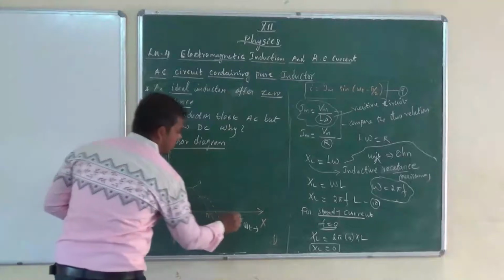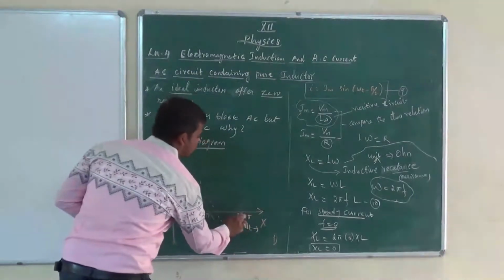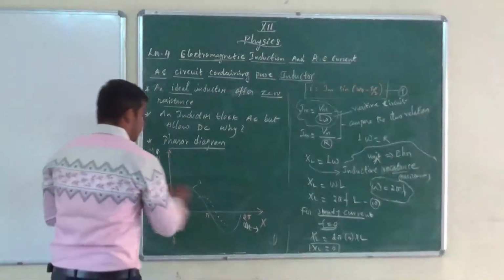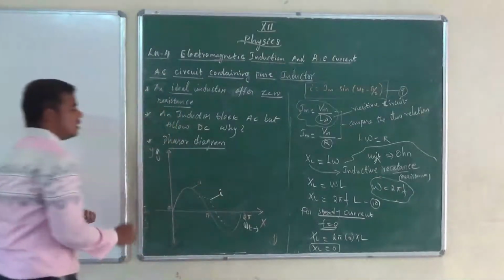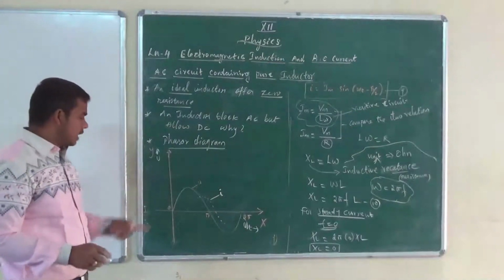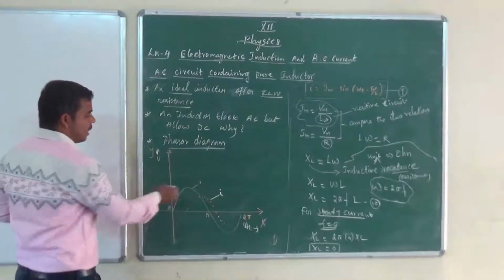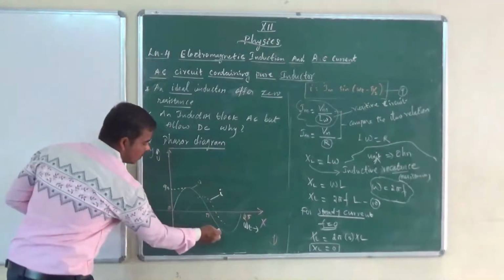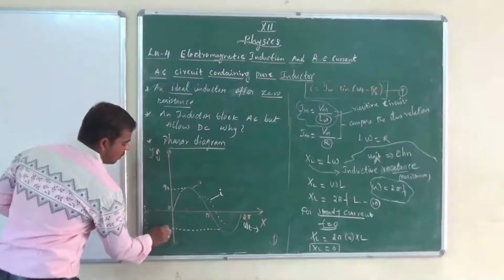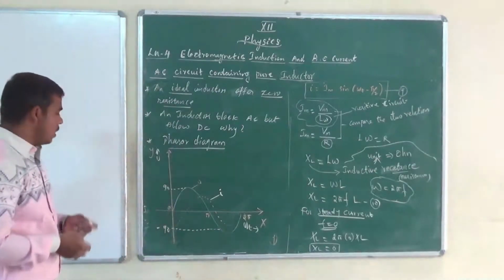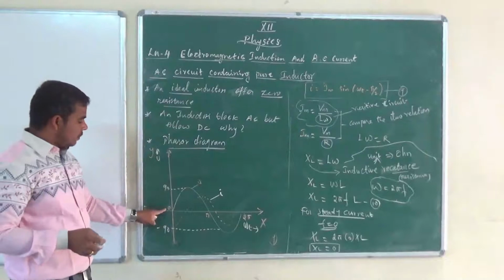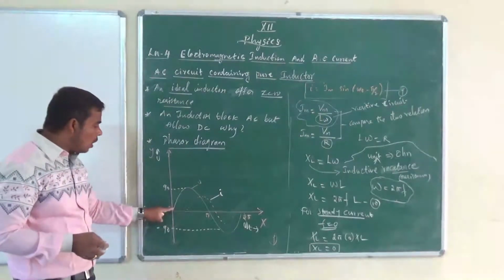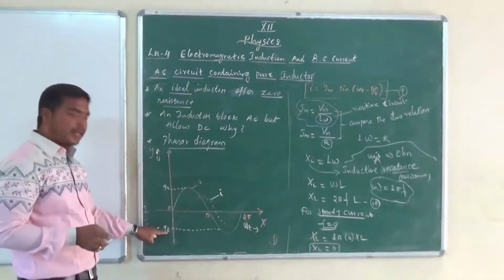Pi, and this is pi by 2. See the diagram? This is current, isn't it? The dotted line is the current, and the continuous line is the voltage. Here is the maximum point, that means 90, and the same here, 90 negative. So the current lags the voltage by pi by 2, or the voltage leads the current by pi by 2.